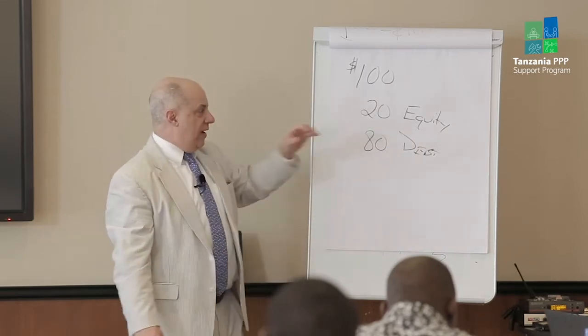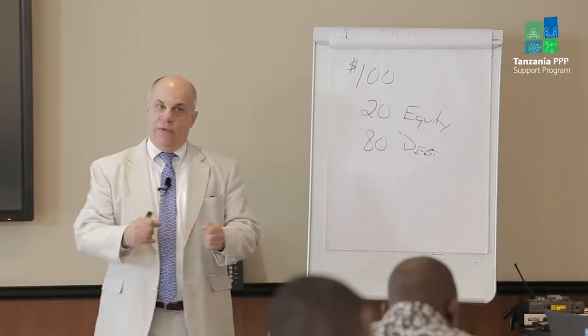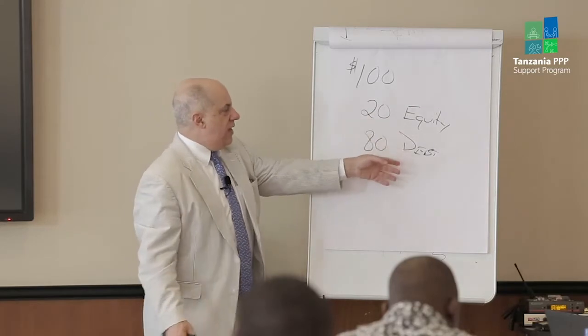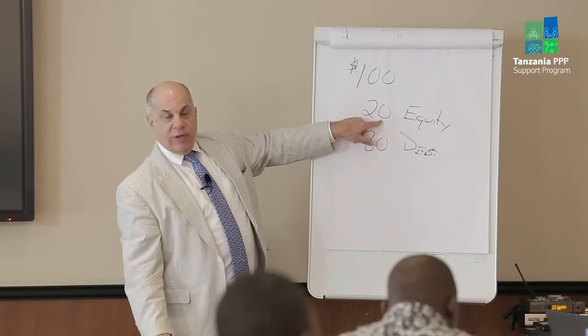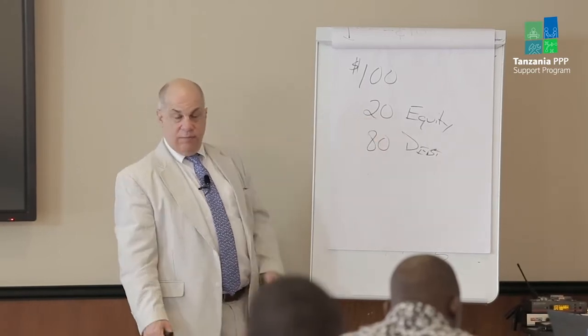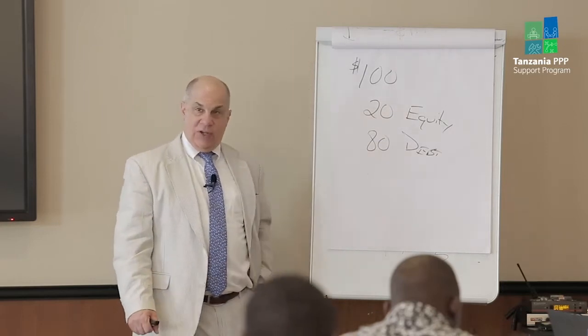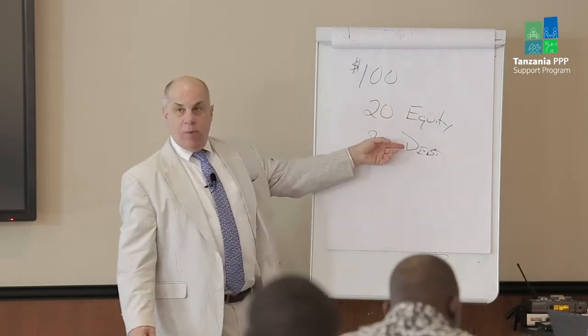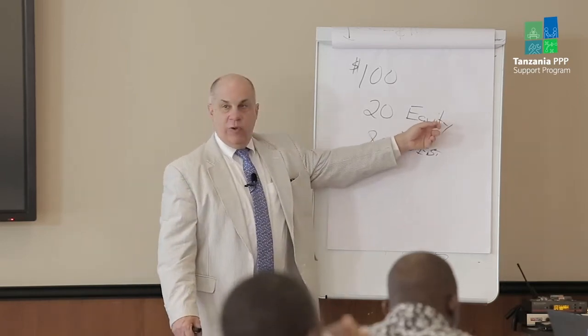The other thing you find, and you'll see this again over the course of the week when you start working with your financial models, is that if we can use less of our money, if we have to use fewer shillings, our cash, our equity, and we can borrow more money, do you think our returns on equity will go up or go down? One of the phrases Ned used, he calls this OPM, other people's money.